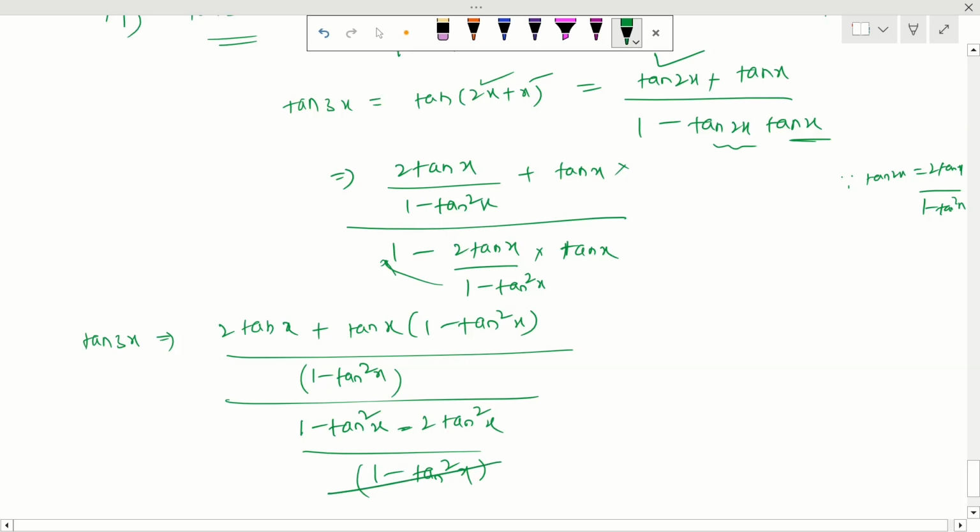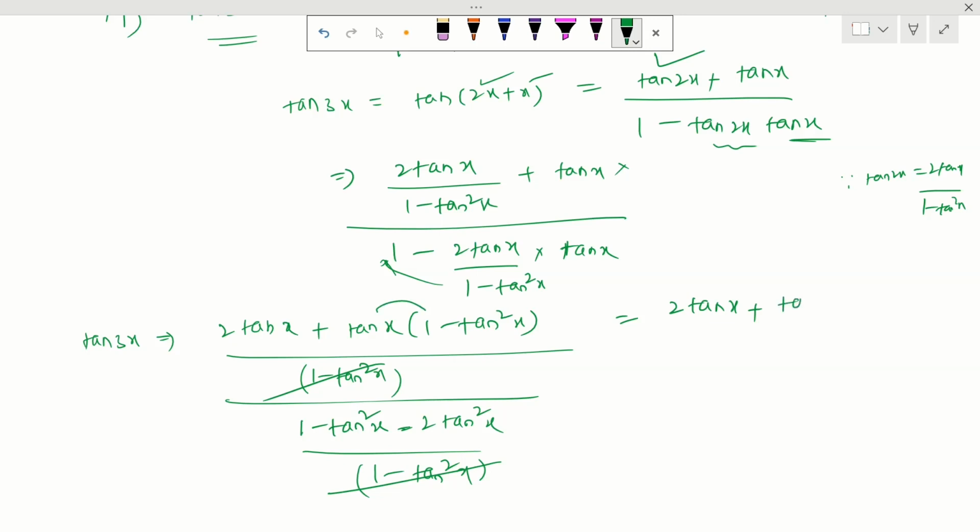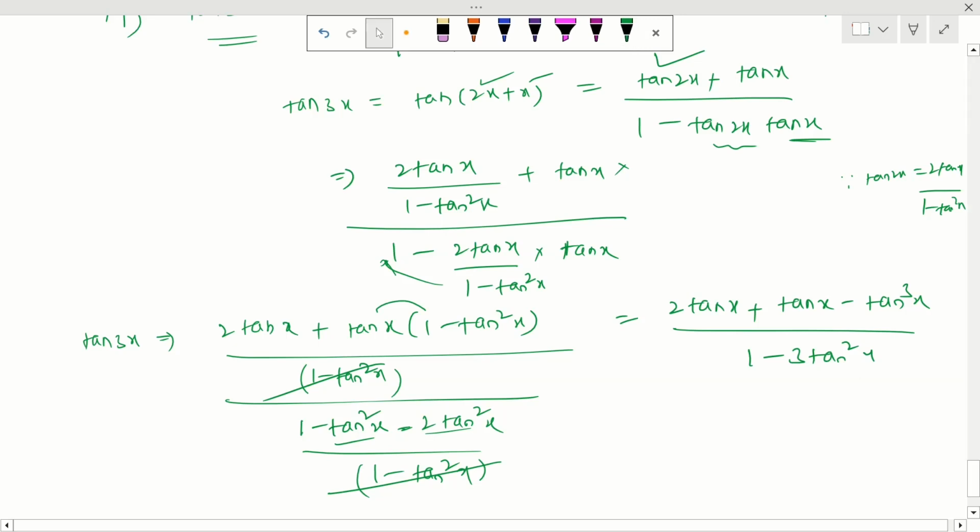So this term will get cancelled, and the remaining terms are 2 tan x plus 2 tan x plus, here I multiply by tan x, so it becomes tan cube x. Now the denominator term is 1 minus tan square x minus 2 tan square x, it is 1 minus 3 tan square x.